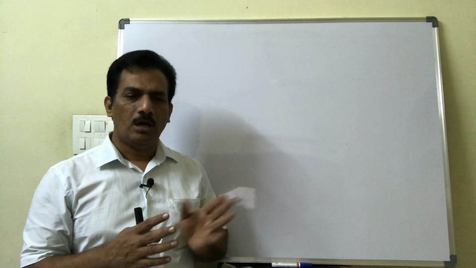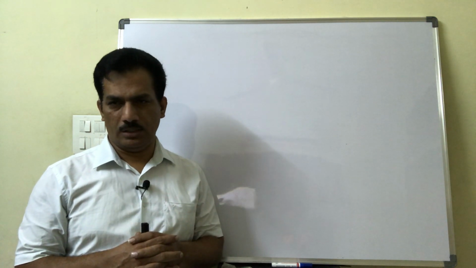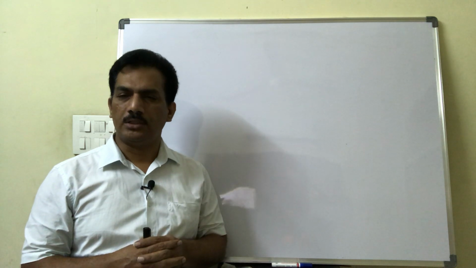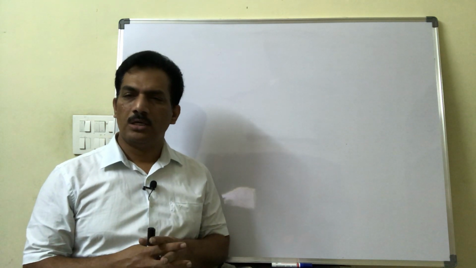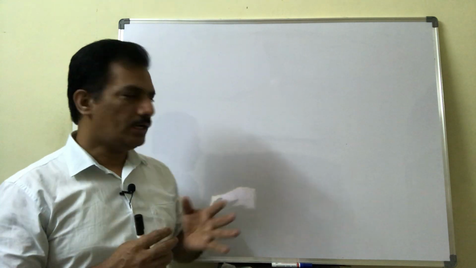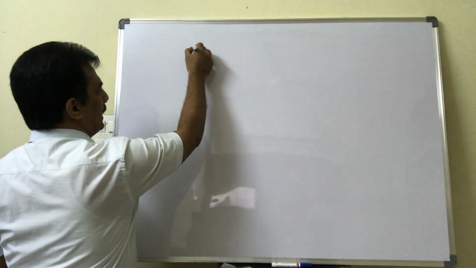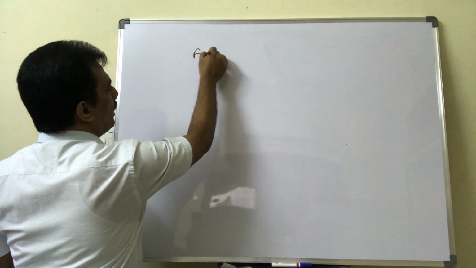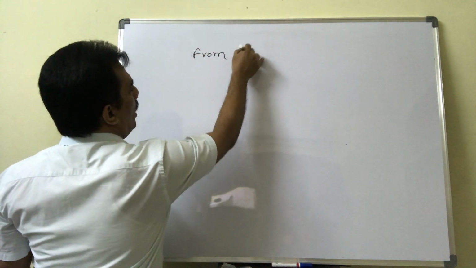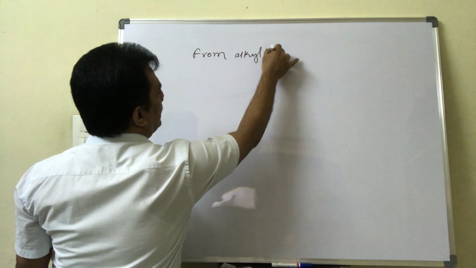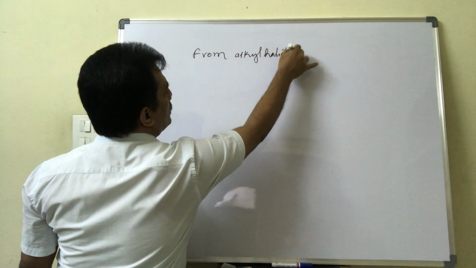After preparing alcohols from alkenes, we also have methods to prepare alcohols from alkyl halides. We already completed this preparation of alcohols from alkyl halides in the properties of alkyl halides. From alkyl halides, how do we prepare these alcohols?